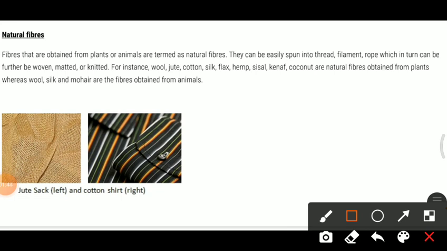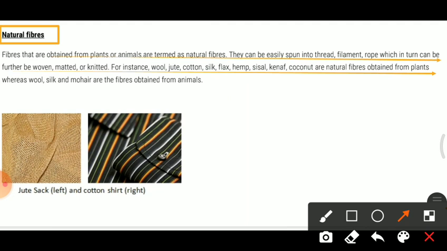As we have studied in previous classes, natural fibers like cotton, wool, silk, etc. are obtained from plants or animals. So here we can define natural fibers as fibers that are obtained from plants or animals. They can be easily spun into thread, filament, rope, which in turn can be woven, matted or knitted.